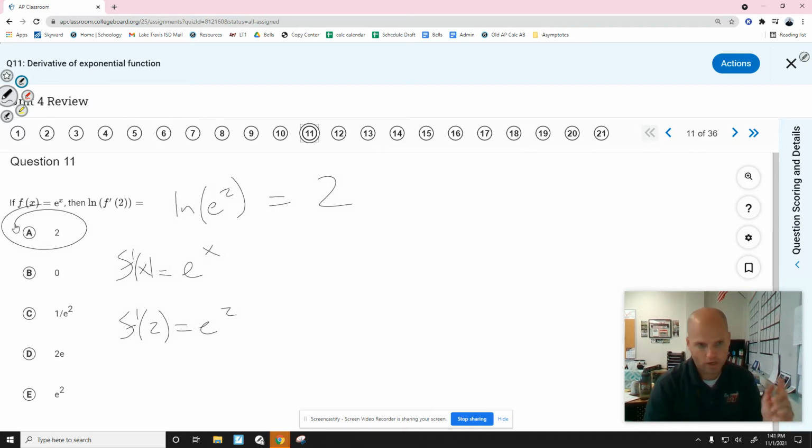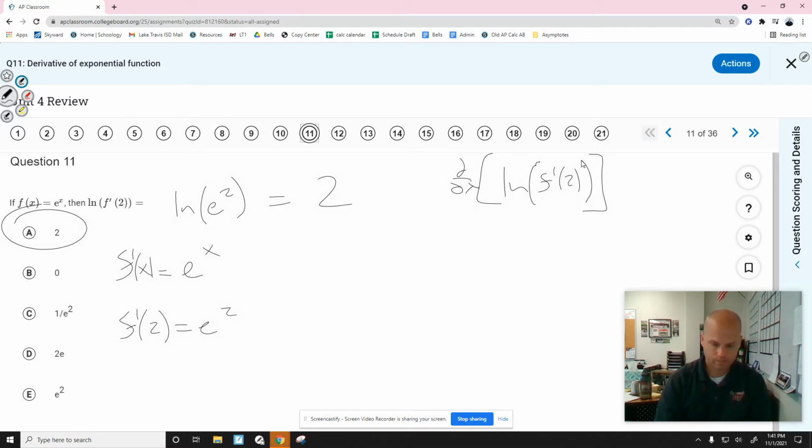Now, what if the question was, what's the derivative of the natural log of f prime of 2? Maybe instead of f prime of 2, it'd be like f prime of x at x equals 2. Okay?